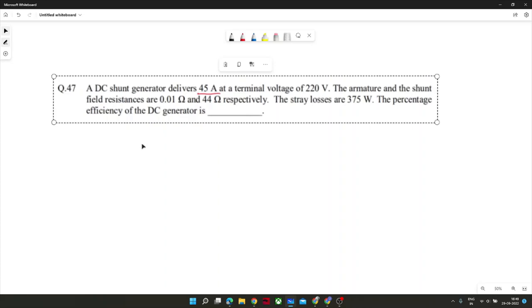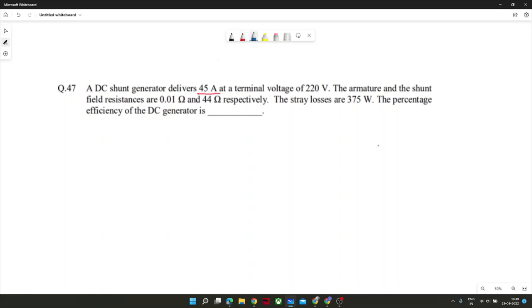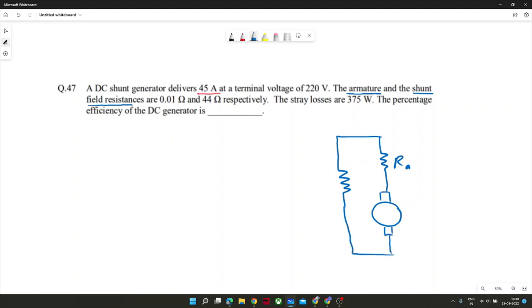A DC shunt generator delivers 45 ampere at a terminal voltage of 220 volt. Armature resistance and field resistance were provided, and it is shunt connected. So the connection of armature, shunt field RF, this would be our terminal voltage.